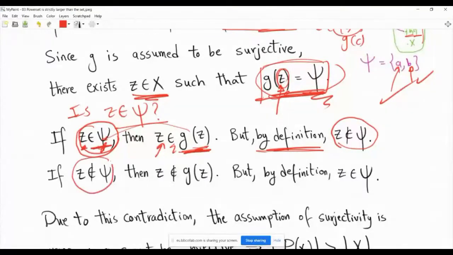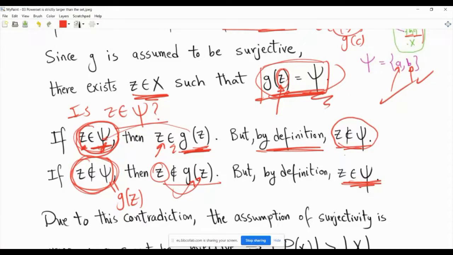If Z is not in psi, then it is not in G of Z, because psi is G of Z, by virtue of our assumption that G is surjective, so there is an element Z in X such that G of Z is equal to psi. So Z is not in G of Z. But if Z does not belong to G of Z, then it must be included in psi. So if we start by saying that Z is not in psi, we reach the conclusion that it is in psi, and if we start with that it is in psi, we reach the conclusion that it is not in psi. That's nonsense.